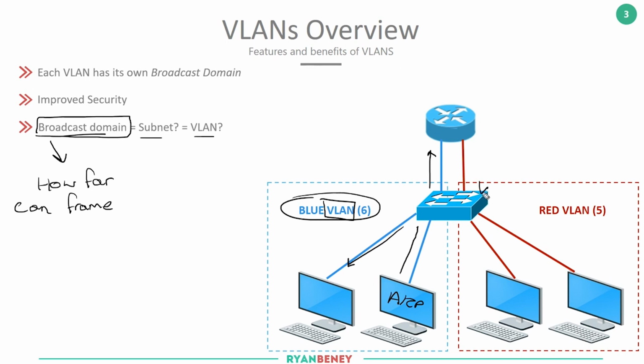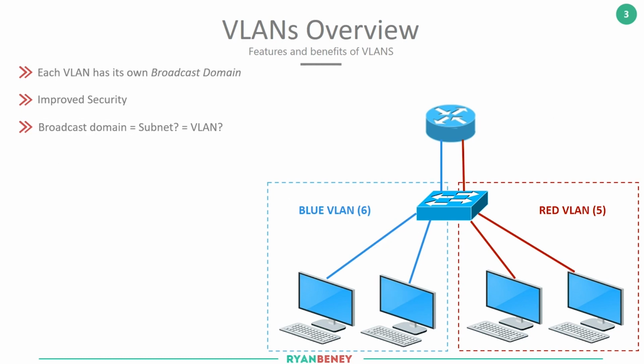If this switch did not support VLANs, then the entire switch is the broadcast domain, because if any traffic comes into the switch, it could potentially be broadcasted to anyone on the switch. And remember, that's only if VLANs are not created.